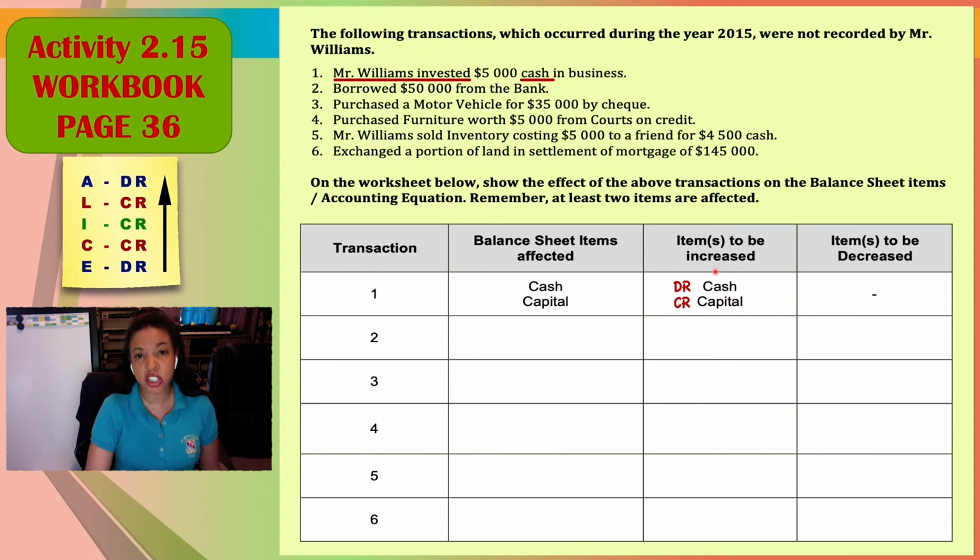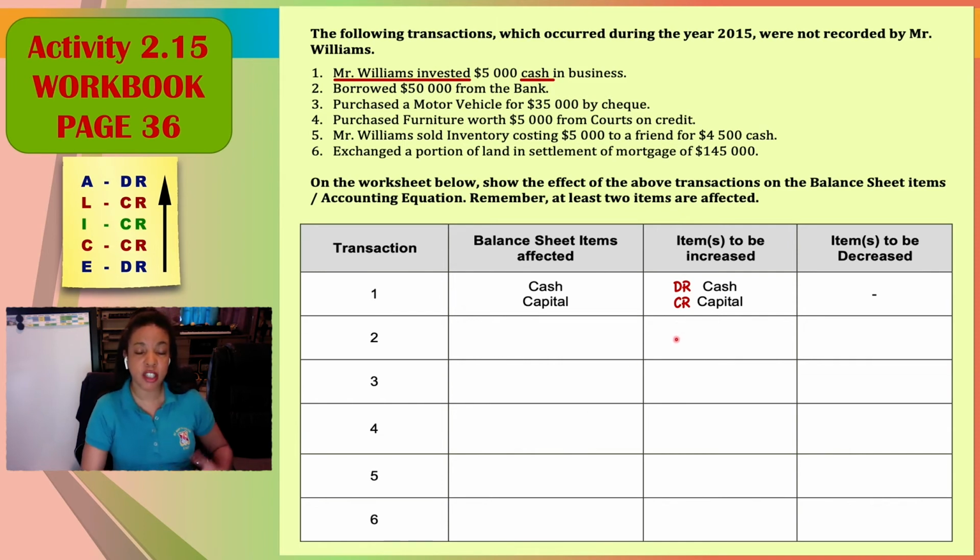So since cash, which is an asset, increased, it's debited. See, I have my little note here so you can see. Since capital increased as well, because you have it under the increased column, it's credited. So you will have your debit and your credit. And like all the transactions that we have done, for each one, you're supposed to see debit and credit.